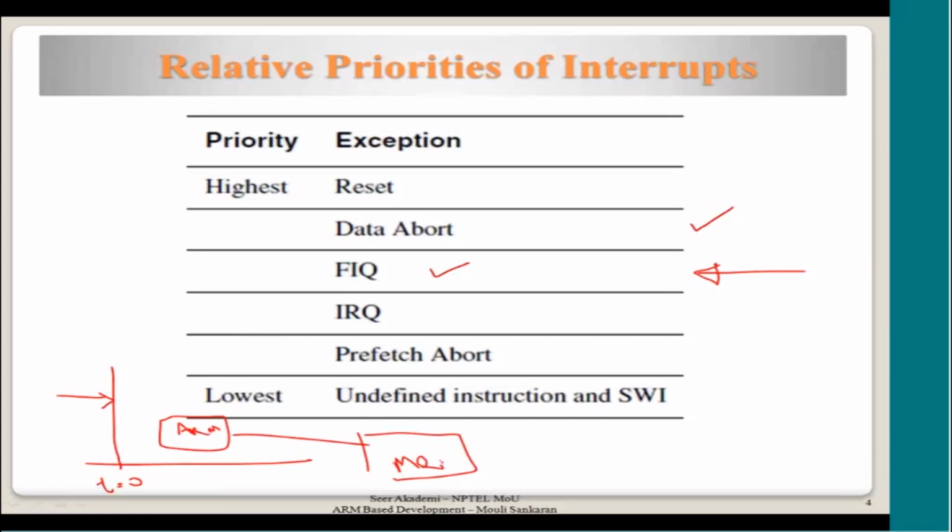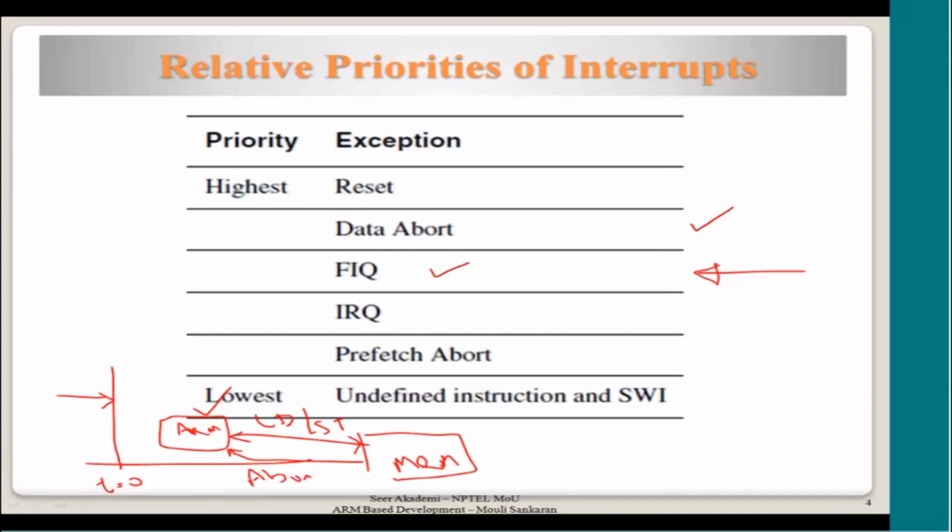It was doing some memory access during that time, using any of the load or store instructions or a swap instruction, right? So a data abort can happen only when an instruction which is doing something with the memory causes it. Assume at the same time the processor is doing a data access with the memory, and it causes a data abort. So a data abort could happen when the memory is notifying an abort signal, right?